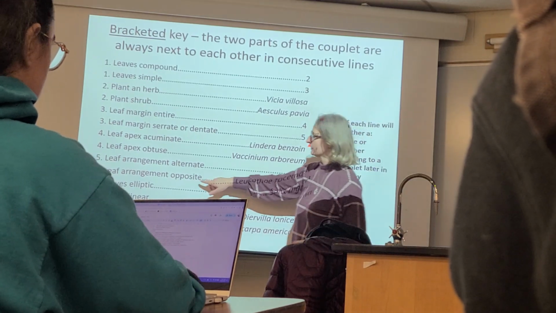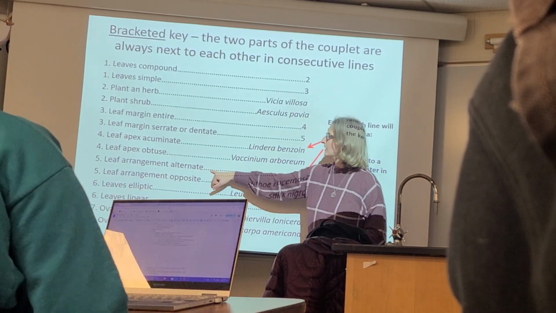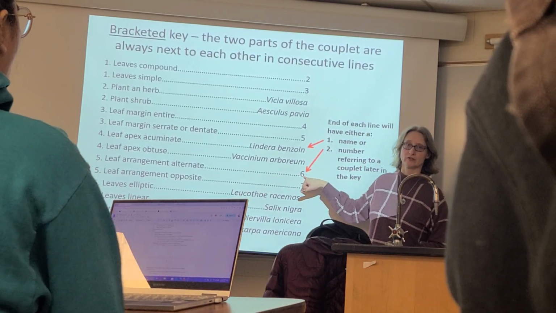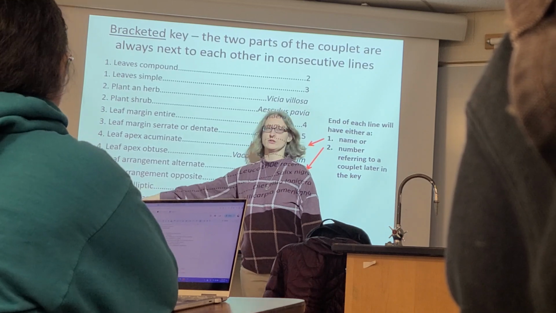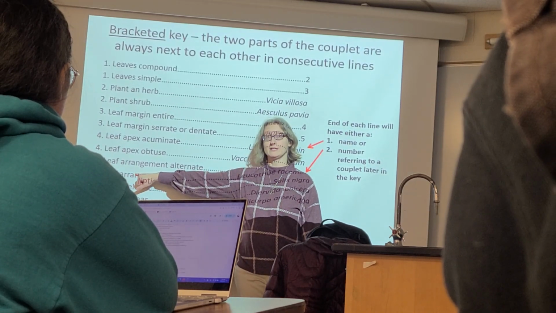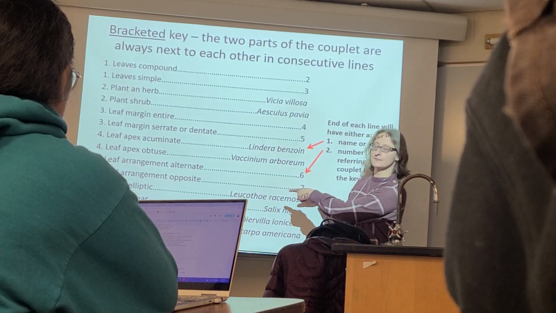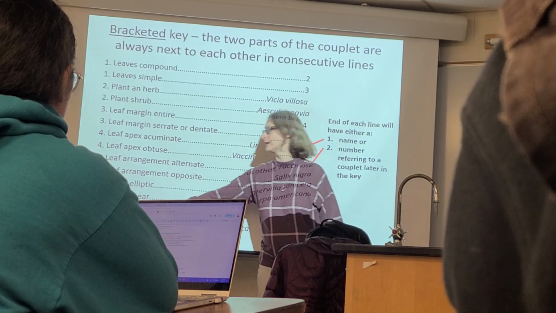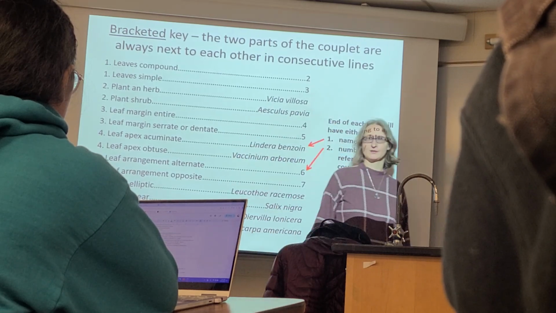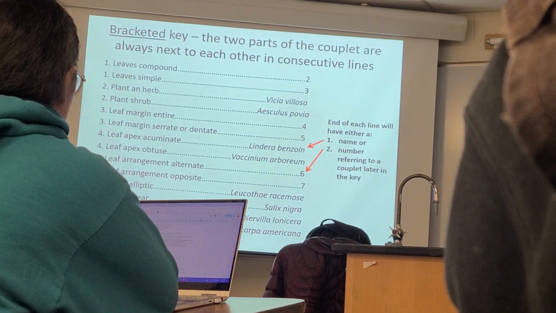So for example here, if you have a plant that has leaf arrangement alternate, you would go to couplet number 6. So we jump down here, that's our next option. However, if you have a plant here that has a leaf arrangement that's opposite, you would skip 6 and jump all the way down to number 7, and that would be your next step. So you have to keep track of your numbers and figure out where you're going.